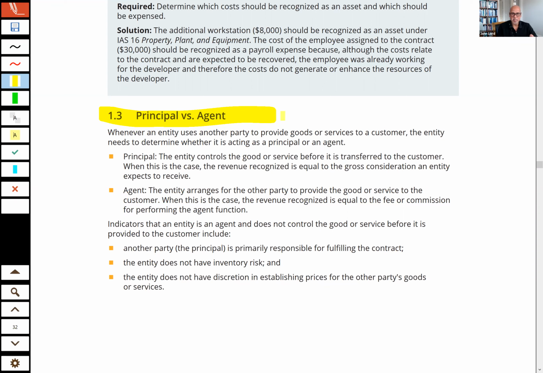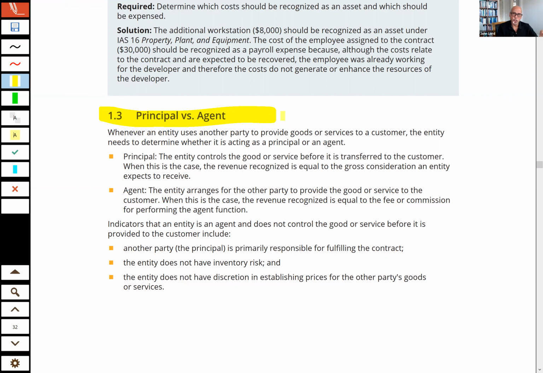And so we're going to see how we would structure the recognition of revenue if I'm the agent versus I'm the principal. By contrast, let's say you go to Nordstrom and you buy a shirt for, whatever ridiculous price Nordstrom charges you for a shirt, $50.